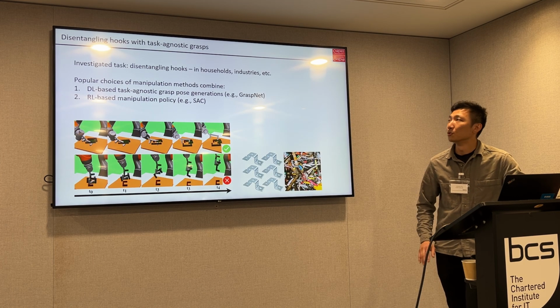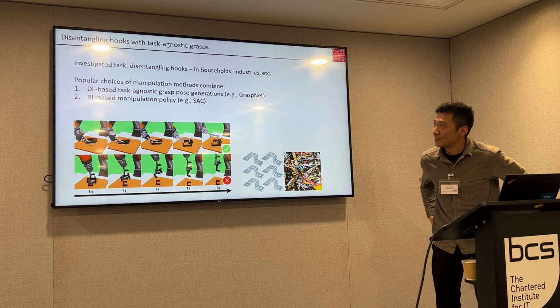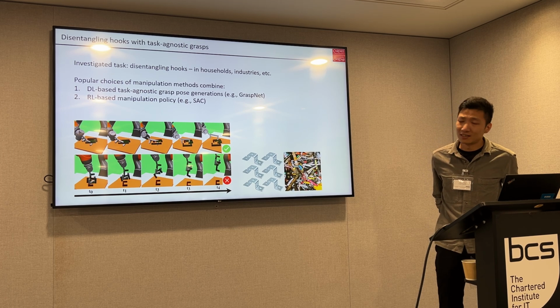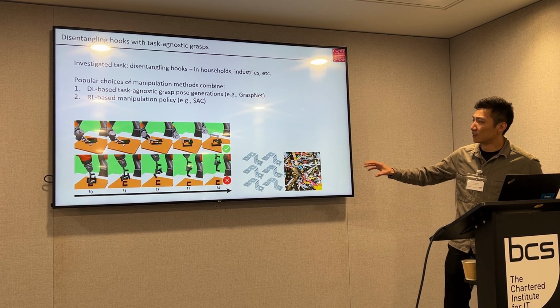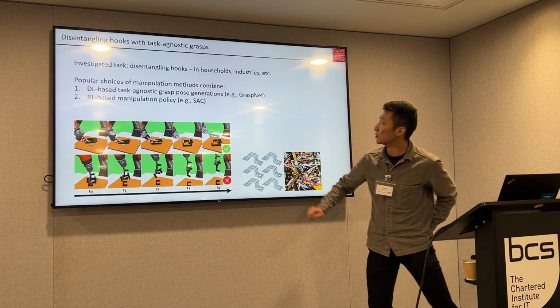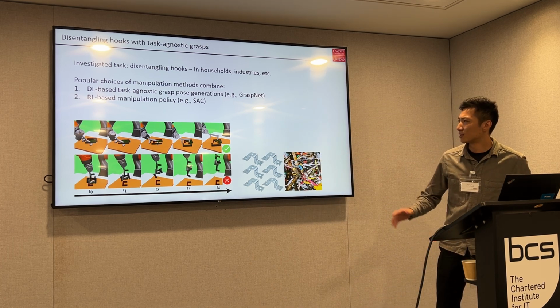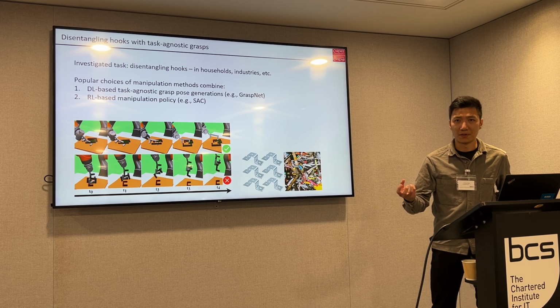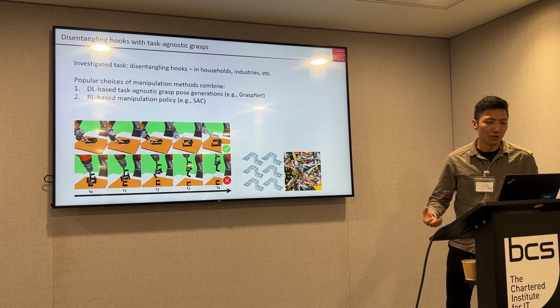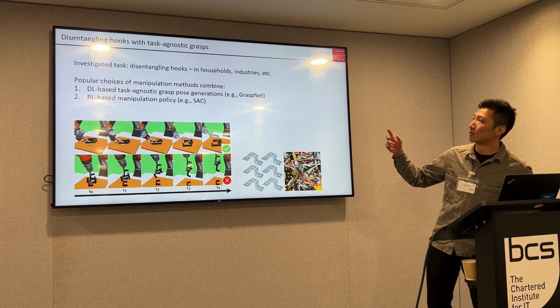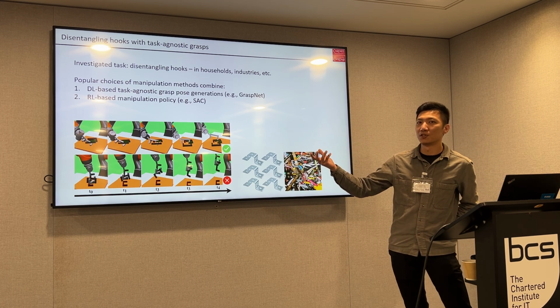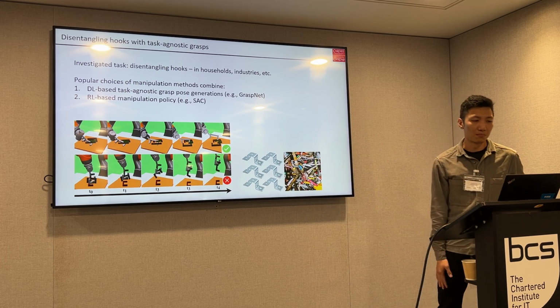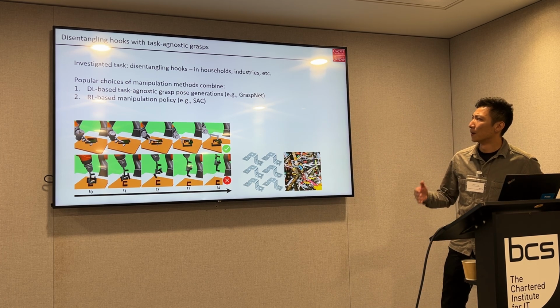Right. So we investigated an example task to disentangle these sorts of hooks in a simulation. This can happen in many cases in household and industry settings where things can be entangled together. So what we did is that we took a two-stage approach using an off-the-shelf deep learning-based grasp pose estimation network, things like GraspNet.